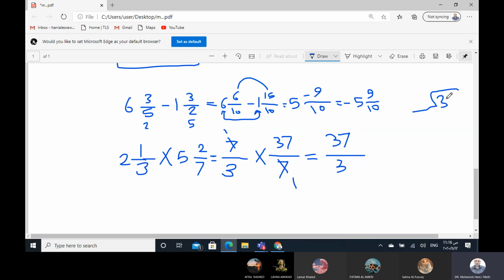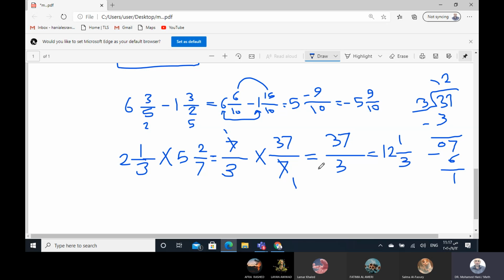Take 37 divided by 3. 3 divided by 3 will be 1. 1 times 3 will be 3. 3 minus 3 will be 0. Then drop 7. 7 divided by 3 will be 2. 2 times 3 will be 6. 7 minus 6 will be 1. So the answer will be 12 and 1 over 3.